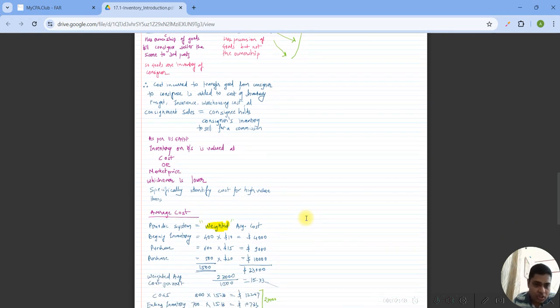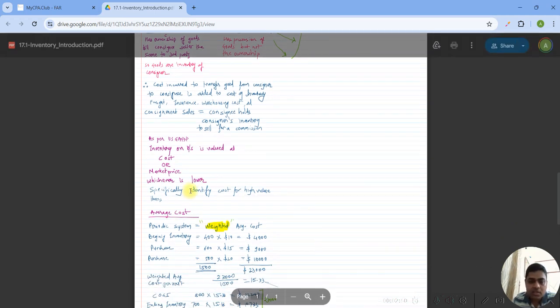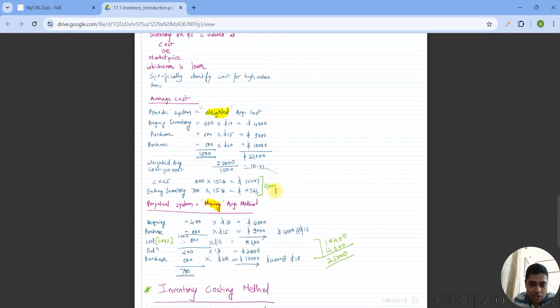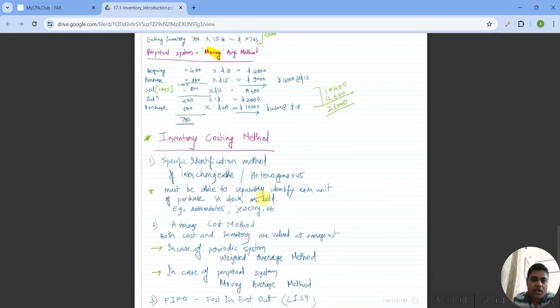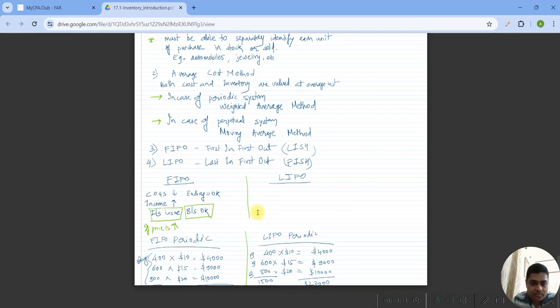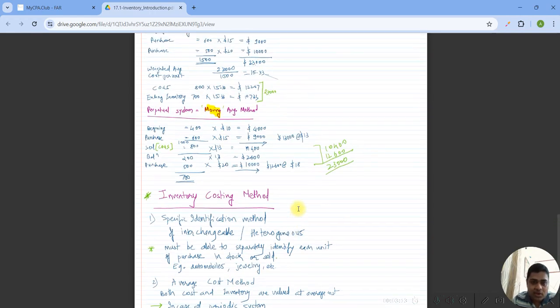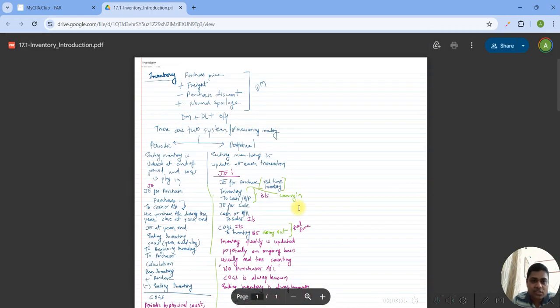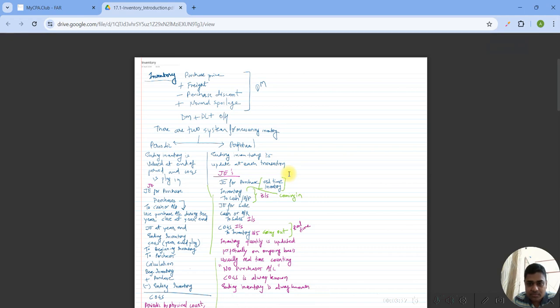It can be at cost, at market price, at replacement cost, at net realizable value, or average cost method, and how it changes in the perpetual system and in the periodic system. The inventory costing methods include specific identification method, average cost method, FIFO, and LIFO. These are all the basics and fundamentals about inventory that we are going to study.